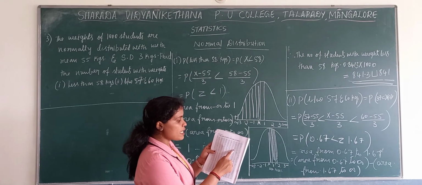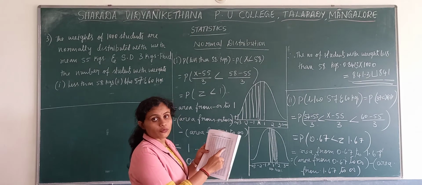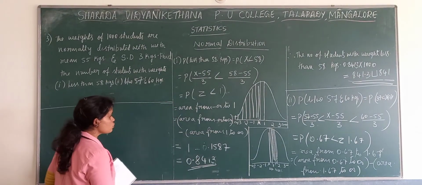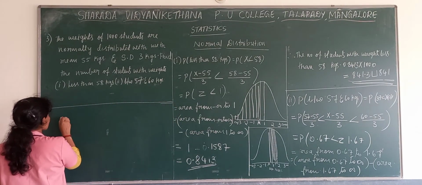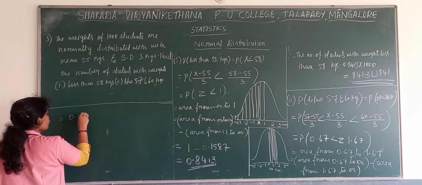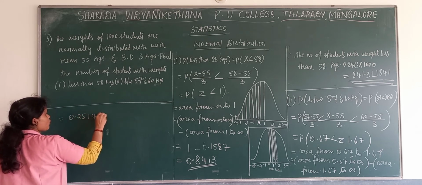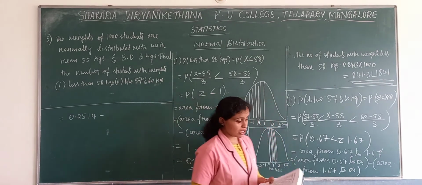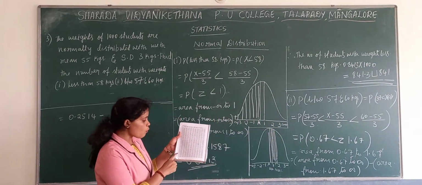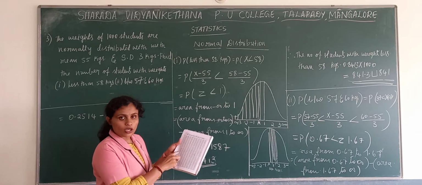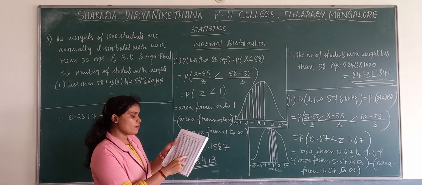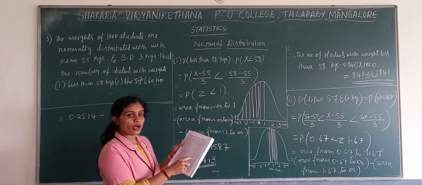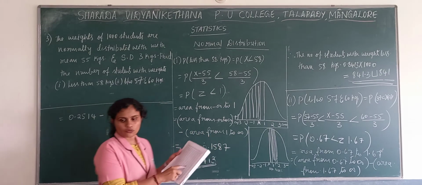There you get the value as 0.2514. From there, now you find out the value of 1.67. There you see the row 1.6. There you see the column 7. That is 0.0475.